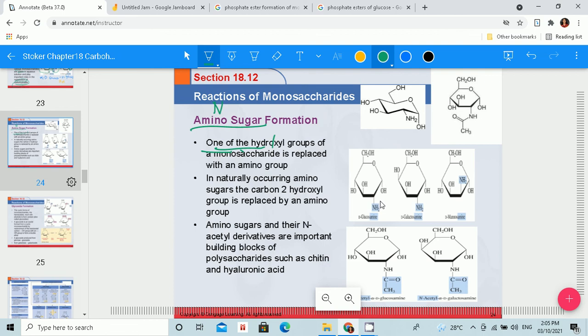So the OH will be replaced with our amino group. Any molecule that has a nitrogen, that's an amino. This one we call glucosamine.